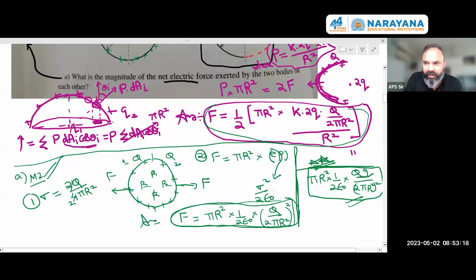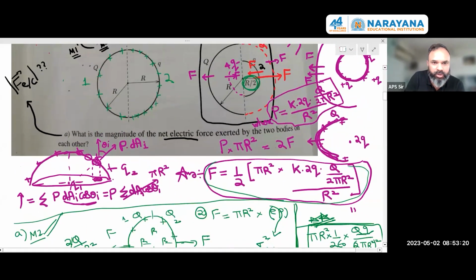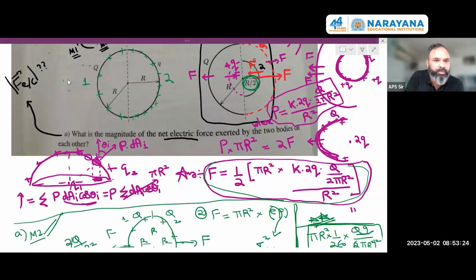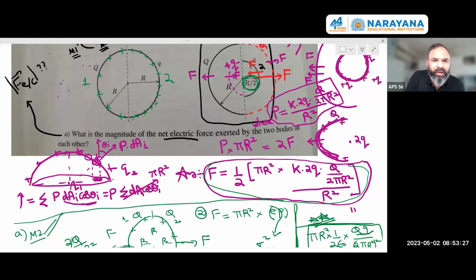And let me give the explanation to you. I am saying that if you look into this combination, think, but what you will do is you will go take any charge here, take any charge here, call it dQ1, capital Q1, whatever, call it dq small q. You will write a force between these two guys. There will be some vectorial interaction. Now, if instead of small q, capital Q comes here, the only difference will be in this charge.